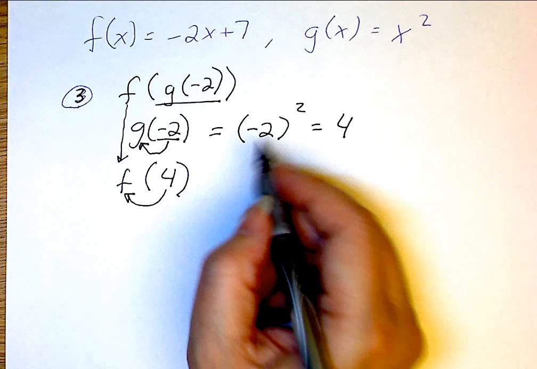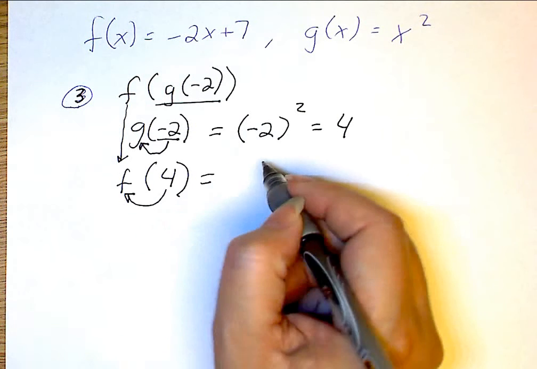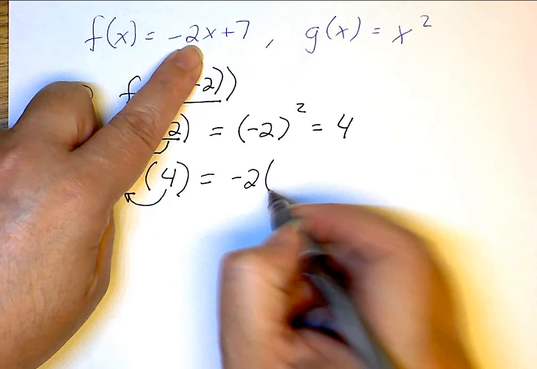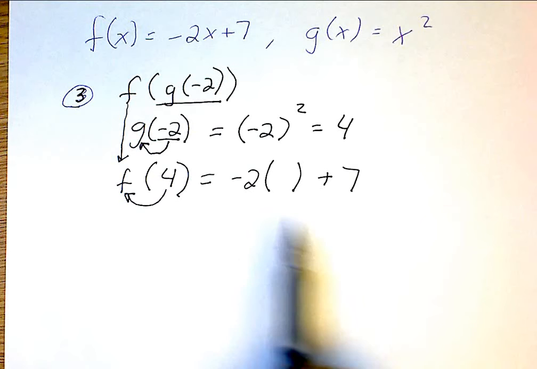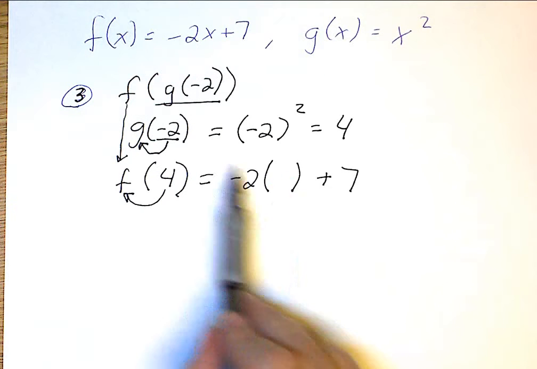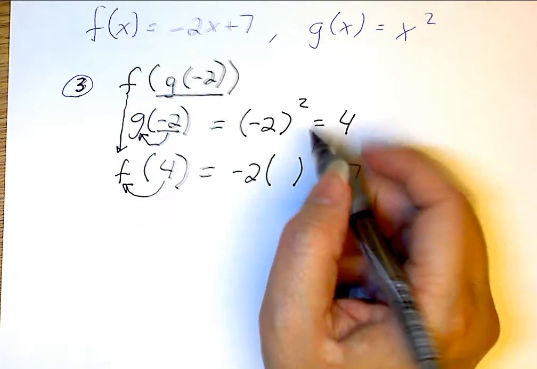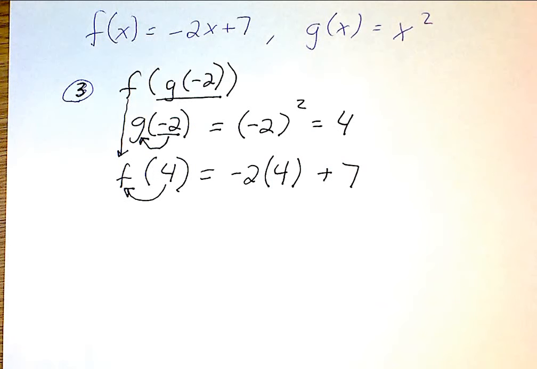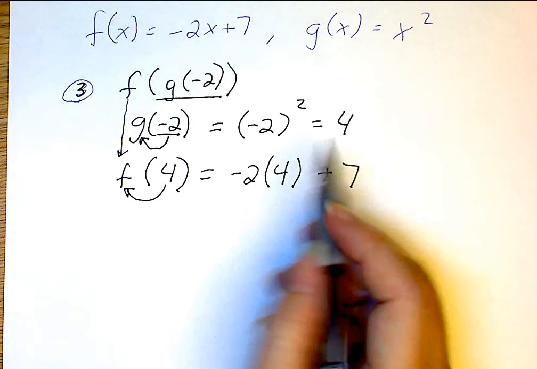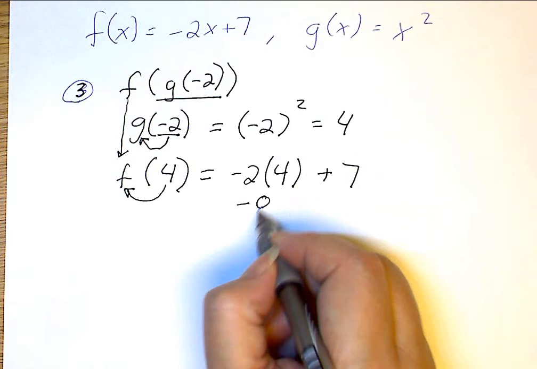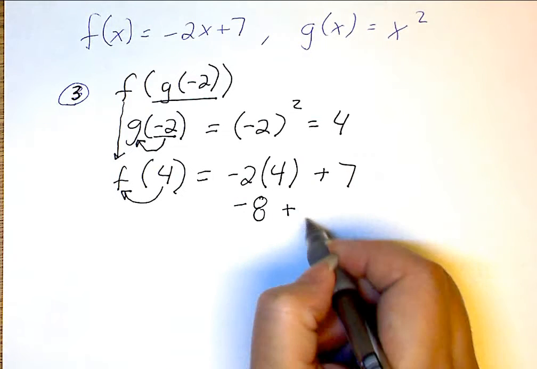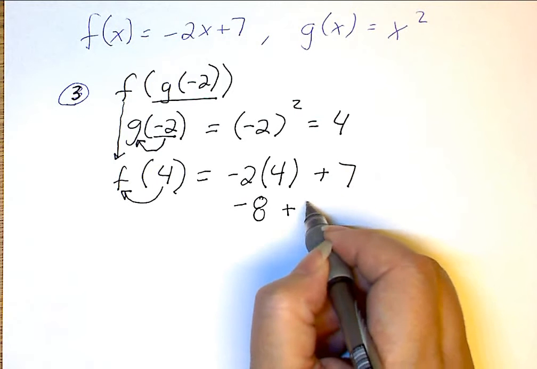So it's negative 2, and this would have been my x, plus 7. I have to put in 4 there. So negative 2 times 4 gives me negative 8, plus 7, which gives me a negative 1.